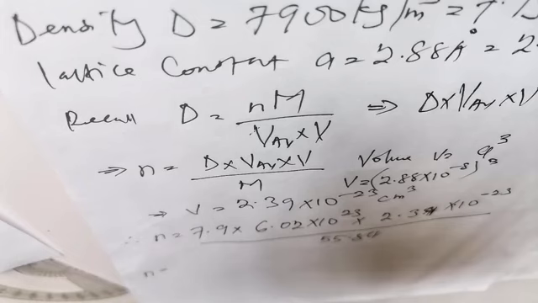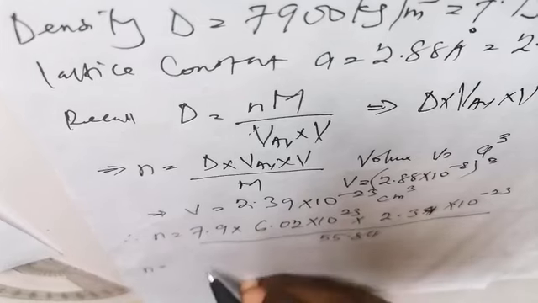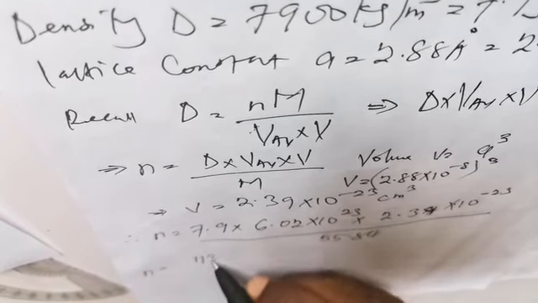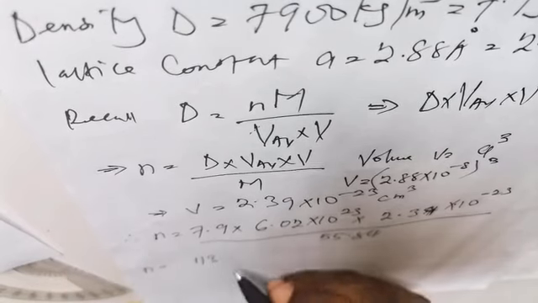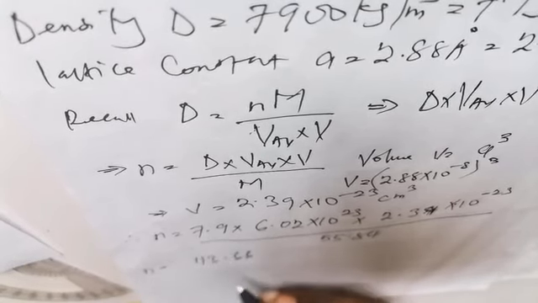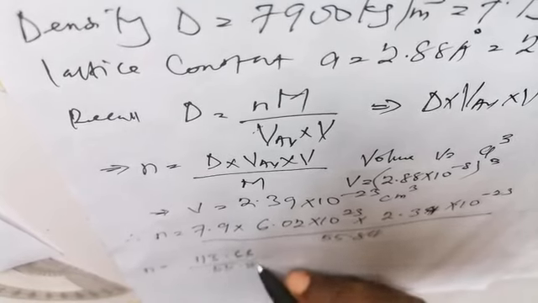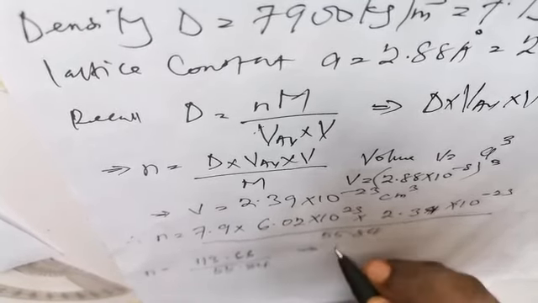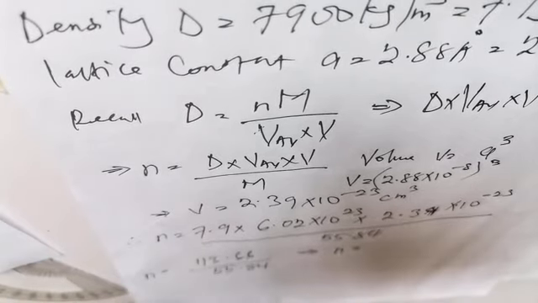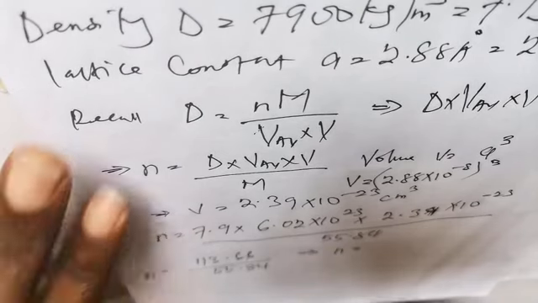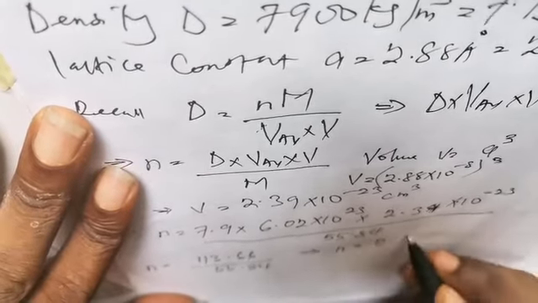So the numerator gives me approximately 113.66, divided by 55.84. So this implies that n is equal to, divide that answer by 55.84, we have n to be approximately 2.0.